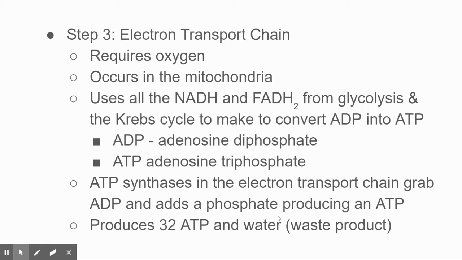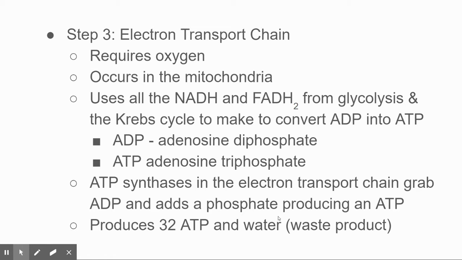Our third step is our electron transport chain. This requires oxygen once again. This occurs in the mitochondria as well. It uses all the NADH and FADH2, these electron carriers from the Krebs cycle and from glycolysis, to convert ADP into ATP.